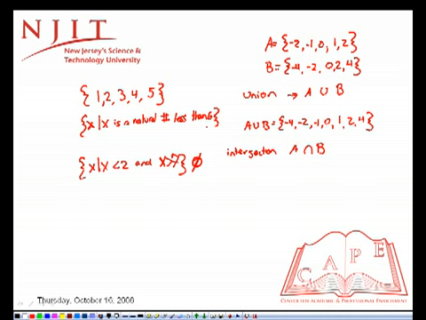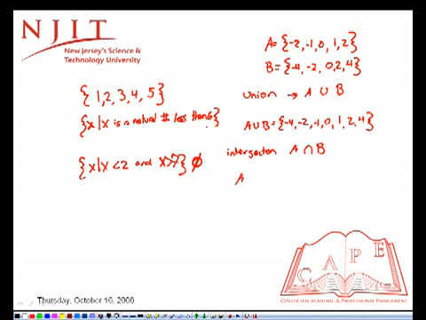Well, a union was when we combined both sets. We just combine all of A and all of B. Now an intersection asks for what points we have in common. So if we look at A and we look at B, we notice they both have a -2, they both have a 0, and they both have a 2.